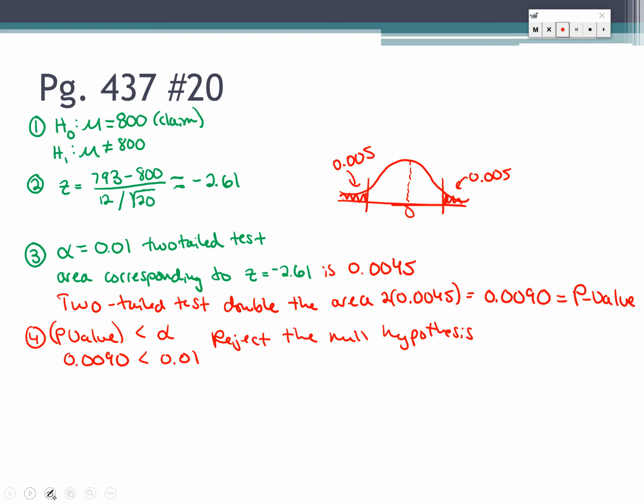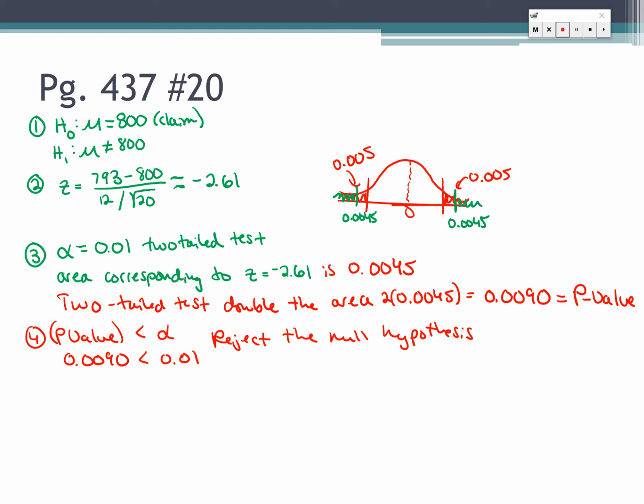So in two-tailed tests, these are a little hard to make more visual. 0.0045 would fall somewhere there, would be the area this way. 0.0045 would be the area that way as well.